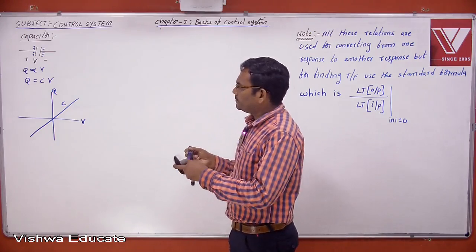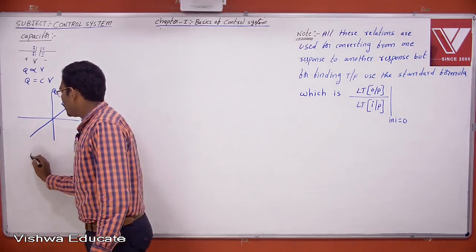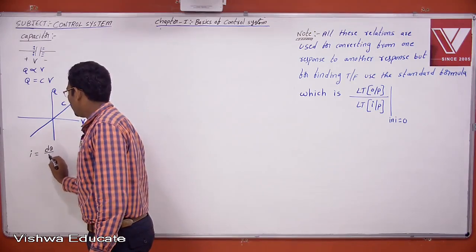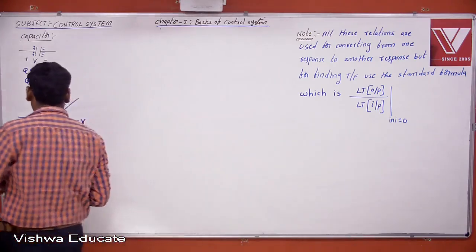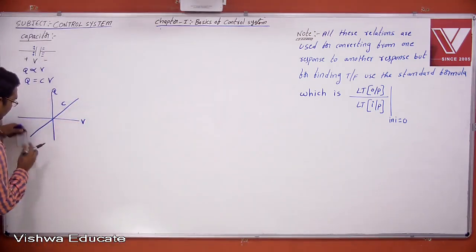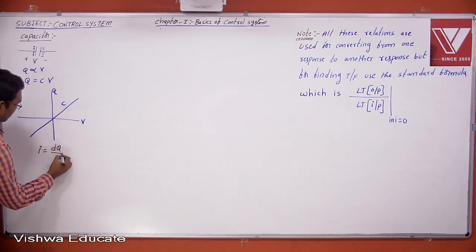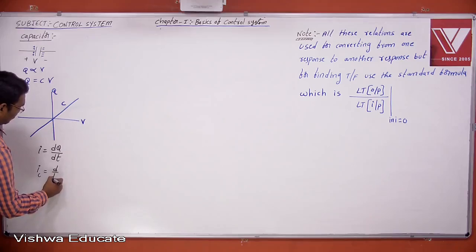Now what is the current? The current is nothing but the rate of change of charge. The current passing through the capacitor is the rate of change of charge.